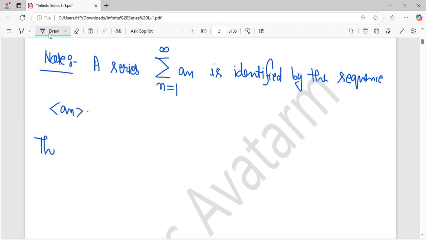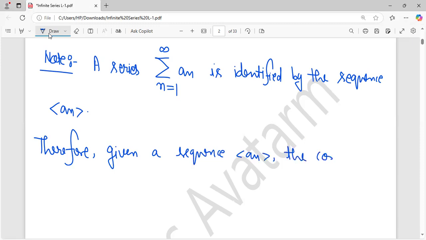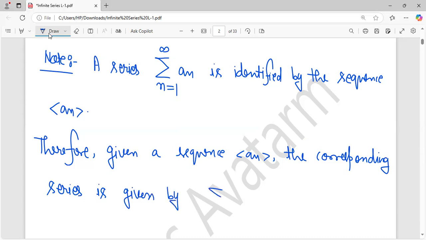Therefore, given a sequence an, the corresponding series is given by summation n goes to 1 to infinity an.